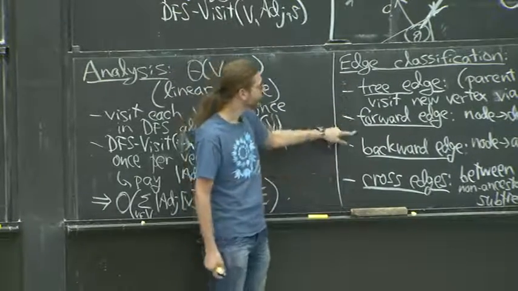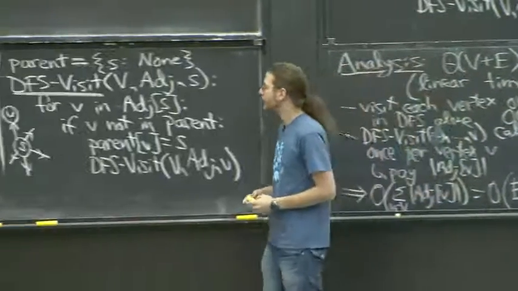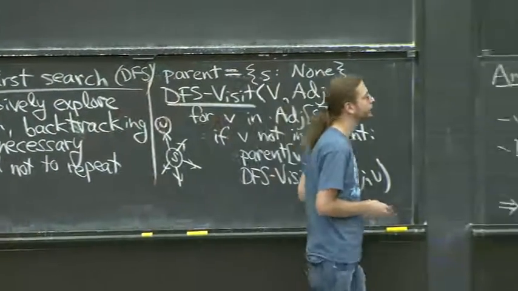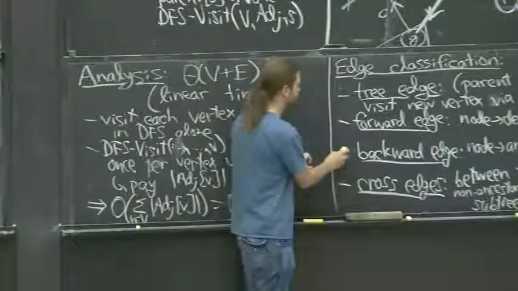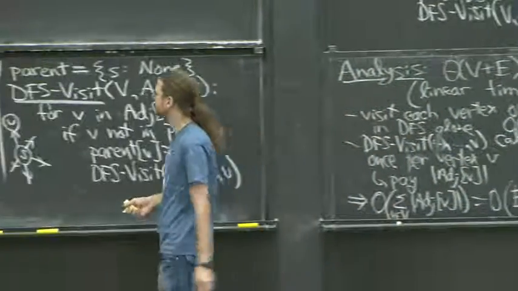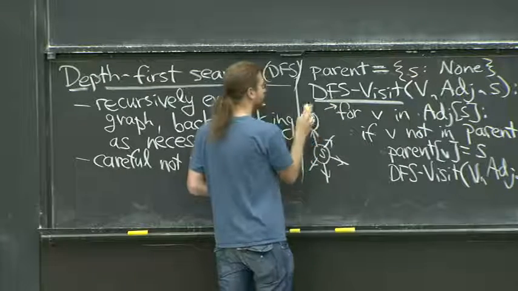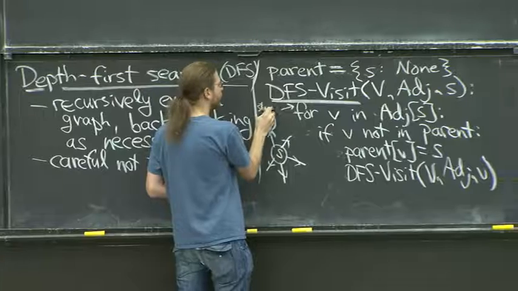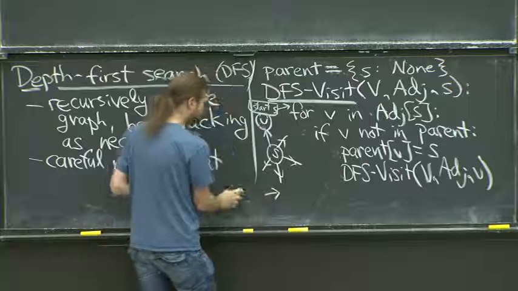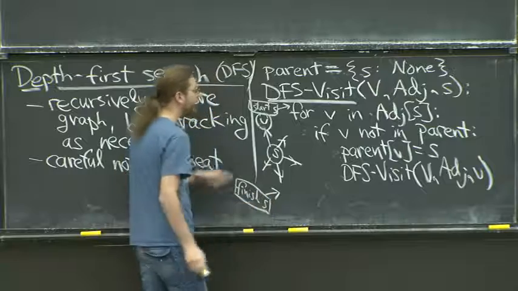If you want to know which are forward, which are backward, which are cross edges, the key thing you need to know is, in particular for backward edges, one way to compute them is to mark which nodes you are currently exploring. So when we do a DFS visit on a node, we could say at the beginning here, we're starting to visit S. So say start S. And then at the end of this for loop, we write we're finished with S. And you could mark that in the S structure.